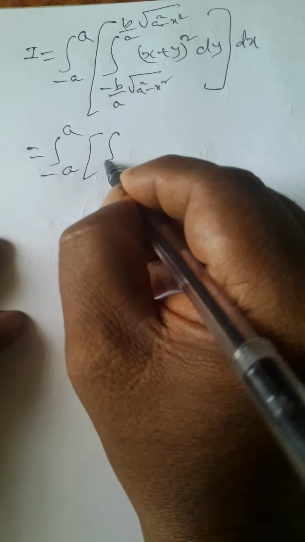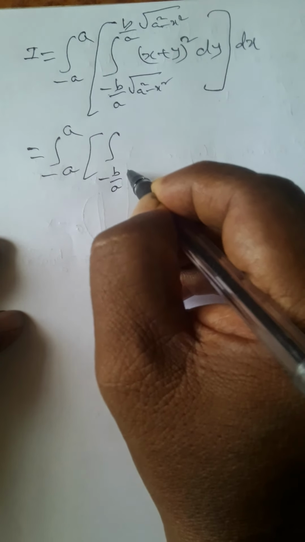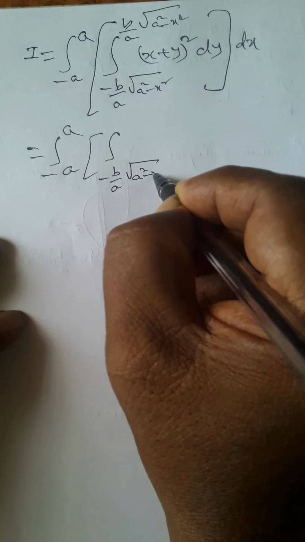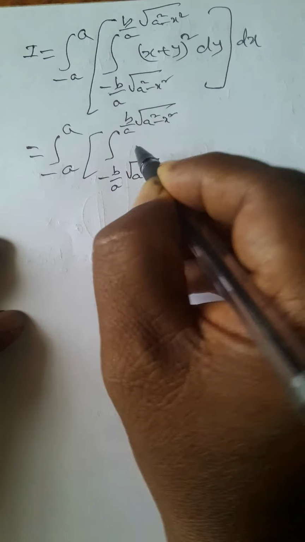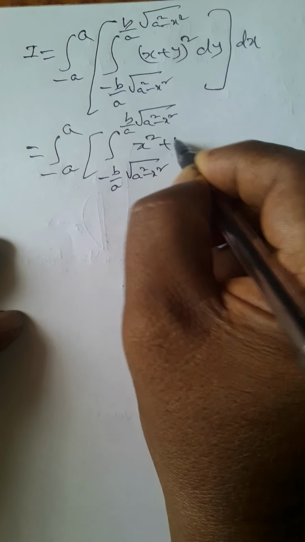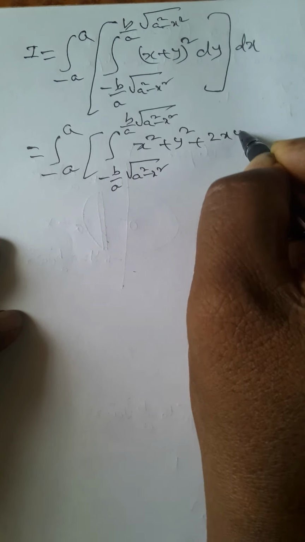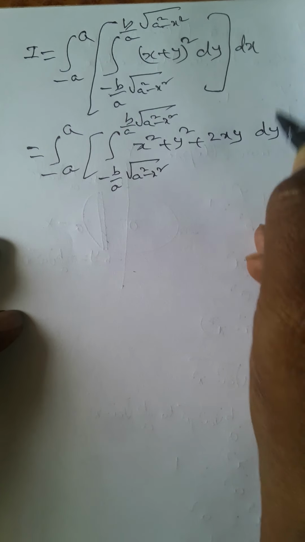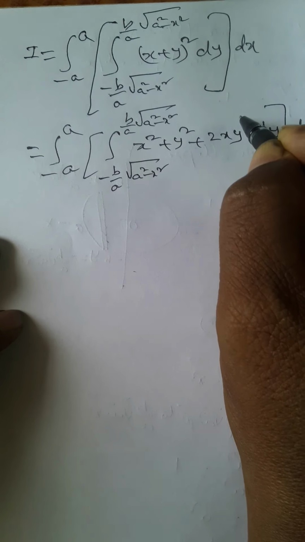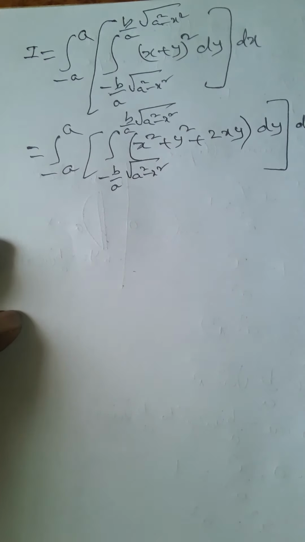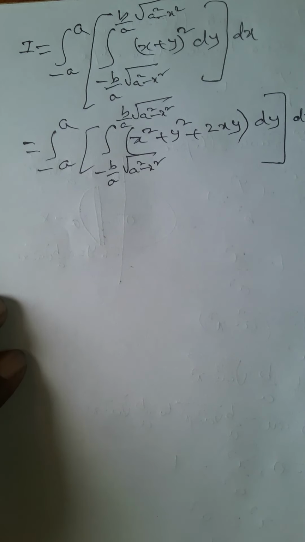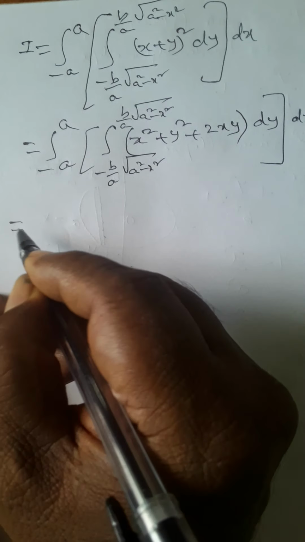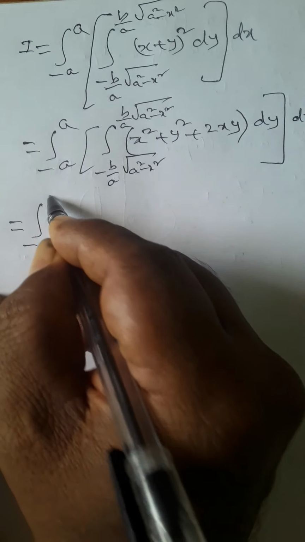This is x square plus y square plus 2xy, dy dx, since (x plus y) whole square expands this way.